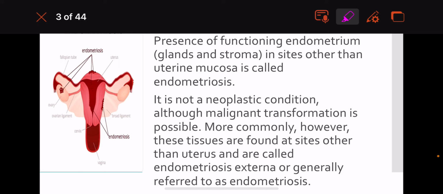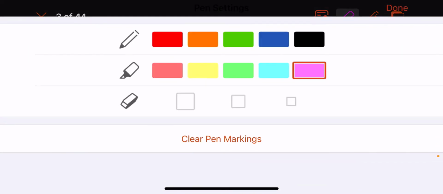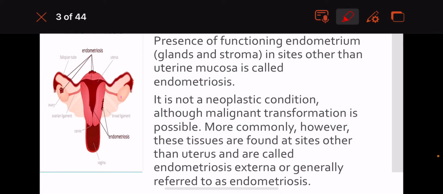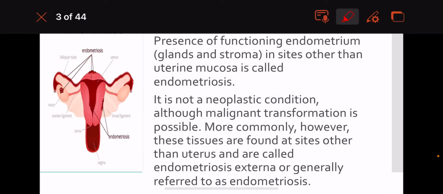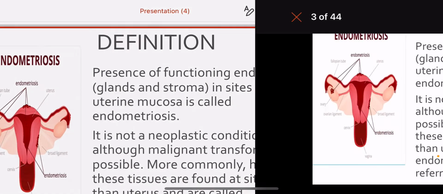When the endometrial tissue starts appearing in the ovaries or the fallopian tubes or the ligaments, then this is known as endometriosis externa, or simply endometriosis.